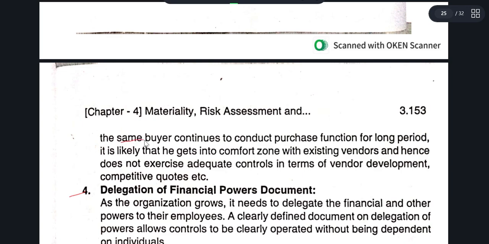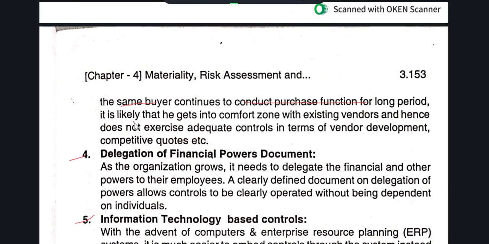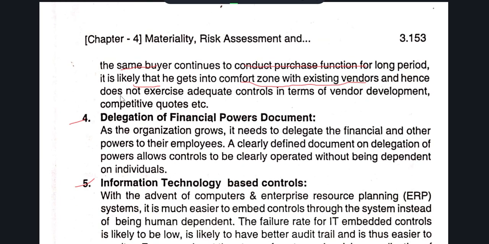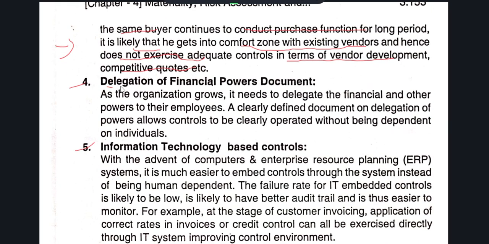For example, if a buyer continues to conduct the purchase function for a long period, he is likely to get into a comfort zone with the existing vendor and hence does not exercise adequate control in terms of vendor development and competitive costs. In the buying department, if the same buyer stays, the vendor may say, sir, this time the quality is somewhat less, just approve it. That may lose your company money. So rotation avoids this.